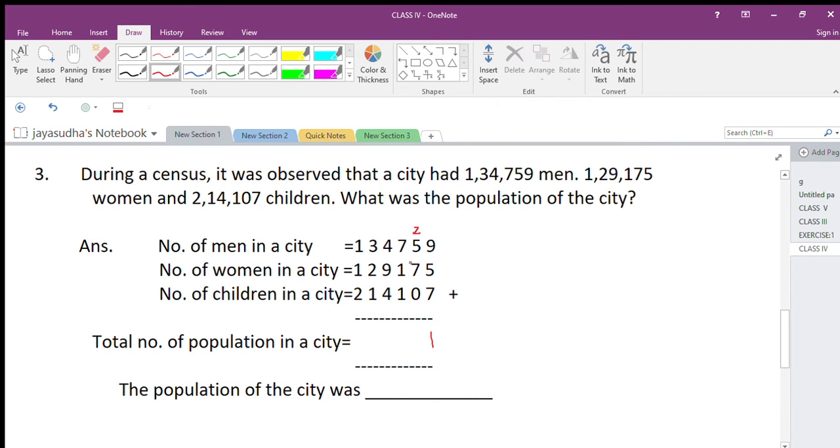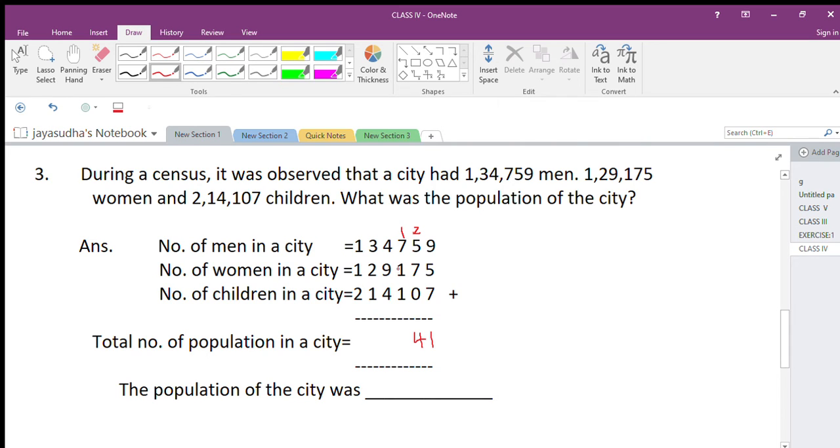So 0 plus 7 you get 7. 7 plus 5 is 12. 12 plus this 2 is 14. 14 means you write 4 only here, and you carry 1 here.